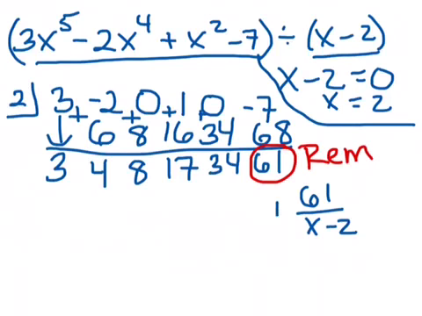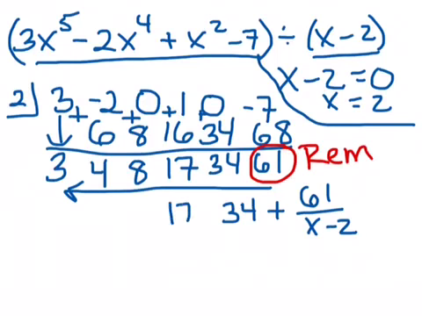Since the 61 is positive, I'm going to put a plus in front, and then I kind of like to work my way this direction. So the number that comes in front of the remainder is always my constant term. That apparently must be 34. The term that comes in front of the constant term is the x term. So we have 17x, and since it's positive, I'm going to put a plus in front of it.